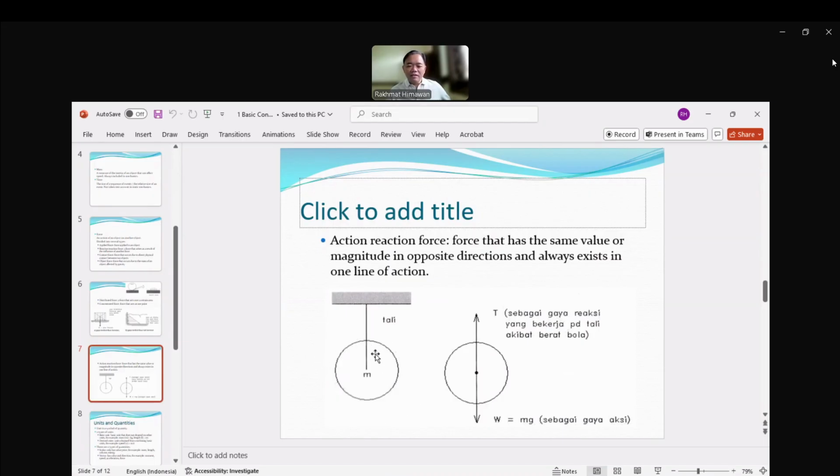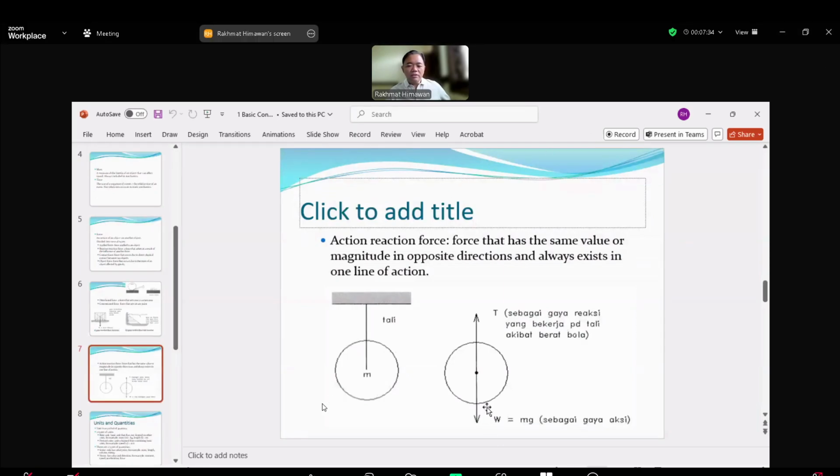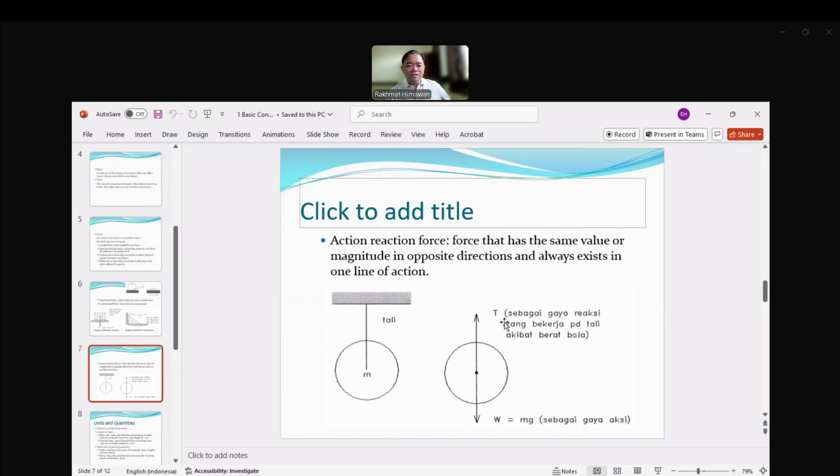This ball has a weight, that means it has a gravity force W, and then the rope, T, needs to withstand this weight. The reaction is T, the force by the rope, and it depends on the weight and basically the gravity.